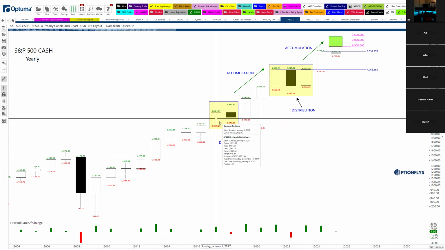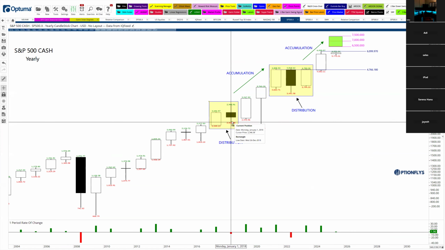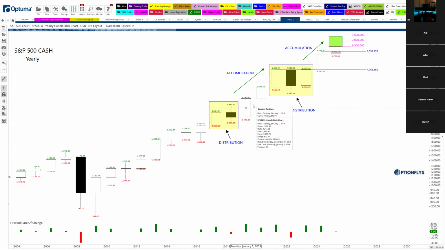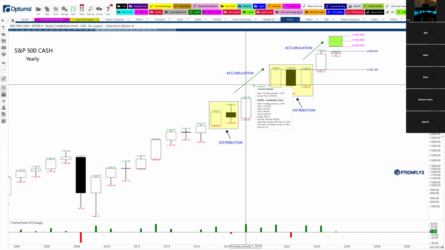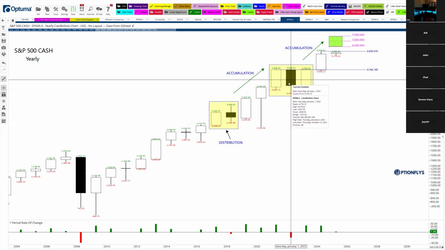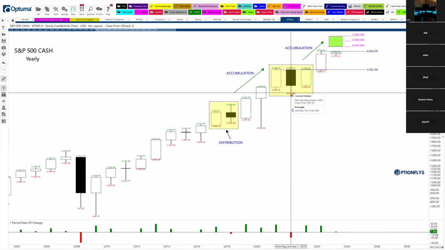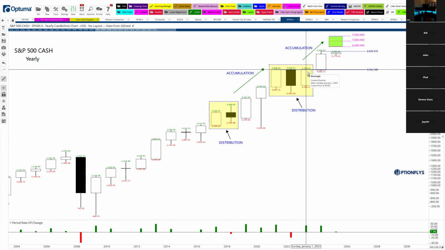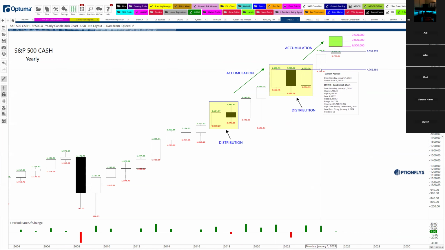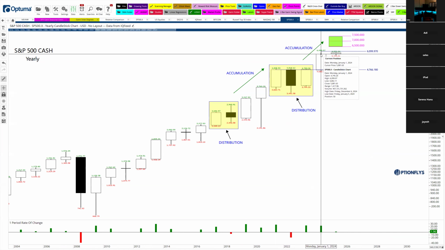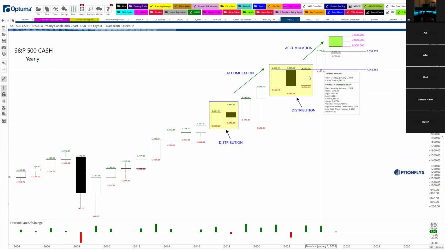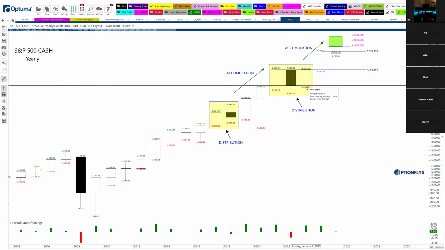If the last distribution was 2 years, the market was up 2 years. The market was in a distribution phase, including the COVID low, for 3 years with the triple top. And you're telling me the market is going to stay up in accumulation for one single year after being sideways for 3 years?